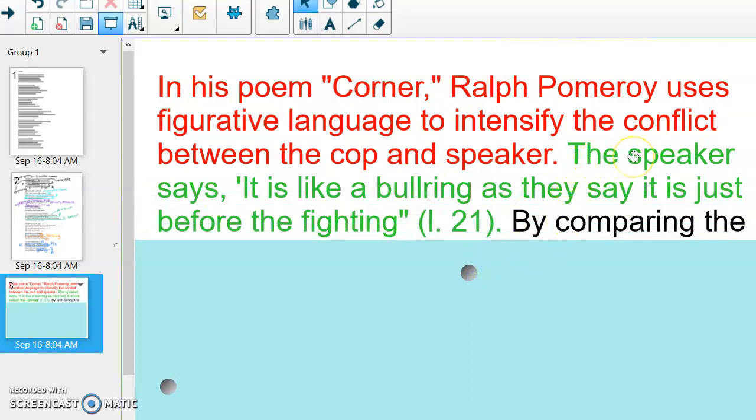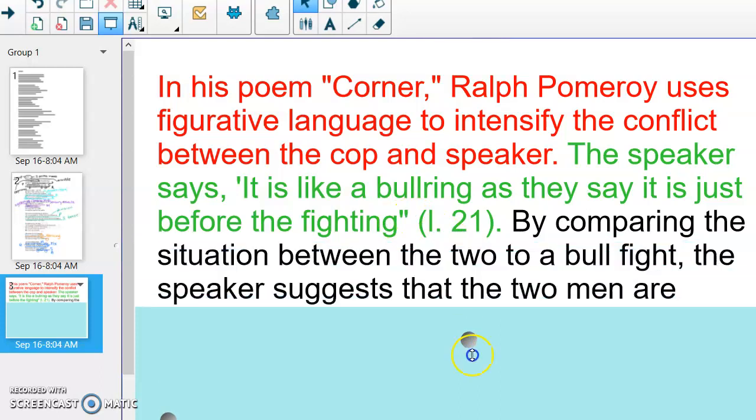So I have the speaker says, comma, it is like a bull ring as they say it is just before the fighting. I have L here for line, and then 21 because it's line 21. I could have used really any of those that we talked about, but I liked this one a lot, so this is the one that I chose to use. Again, feel free to pause so that you have time to write and you can get caught up.